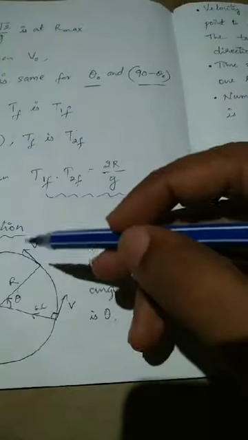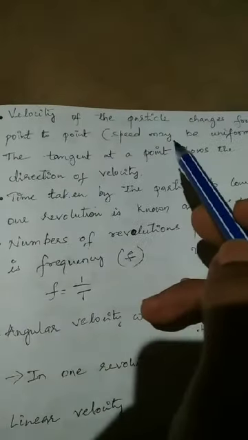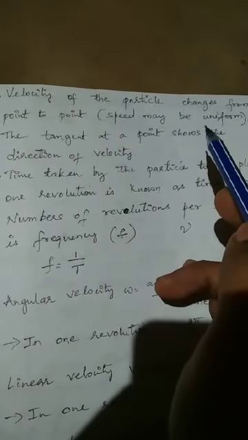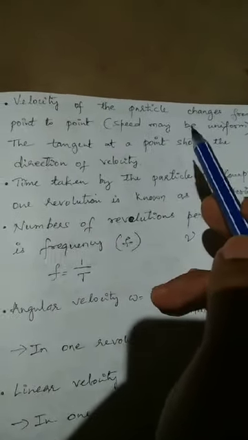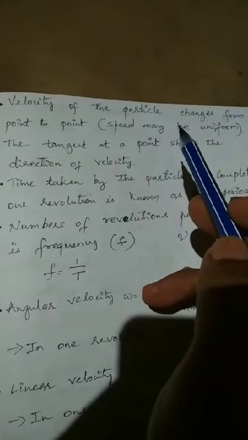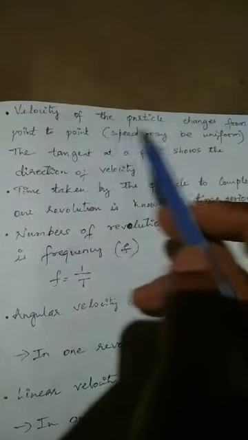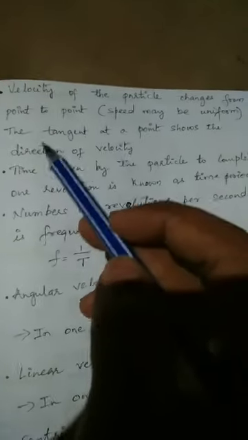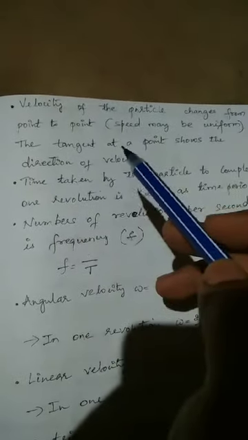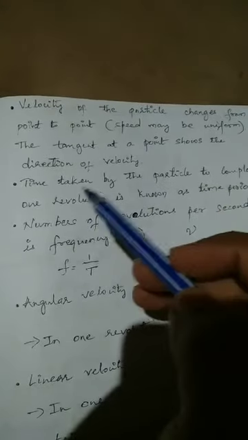At this point velocity is v, at this point velocity is v dash. So velocity changes, speed may be uniform. In circular motion, speed may be constant or uniform. What is speed? Magnitude of velocity, right? So it may be the same, but direction changes. That is why velocity changes, as it is a vector. The tangent at a point shows the direction of velocity.